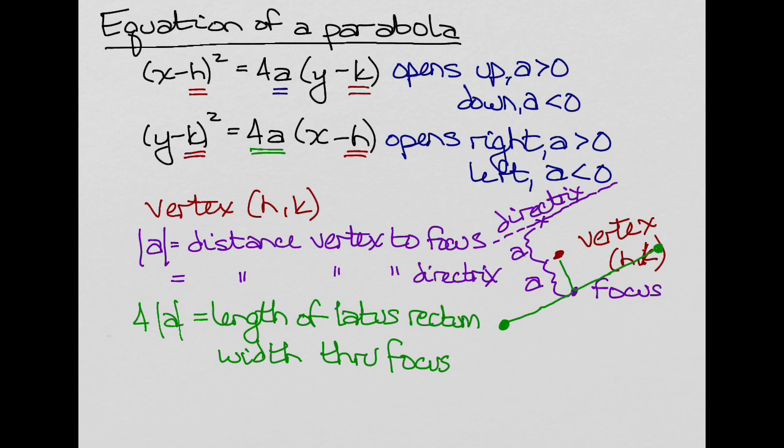So now that I have a vertex and 2 points on the edge of the parabola, I can connect the dots and get a complete graph. Here it goes. And there's my parabola.